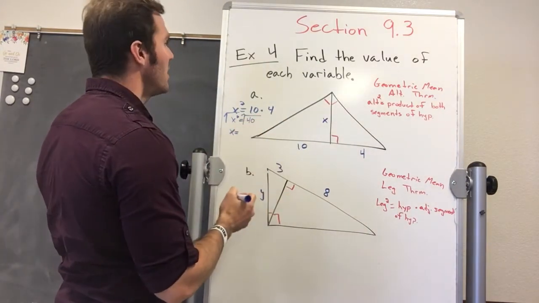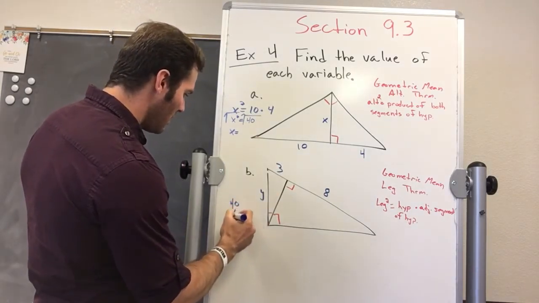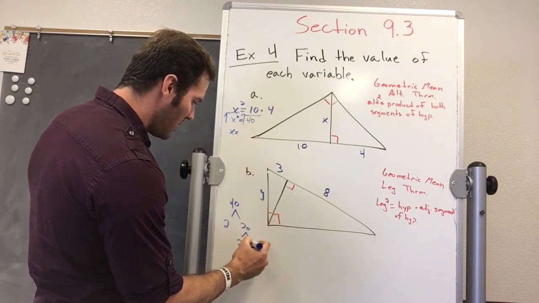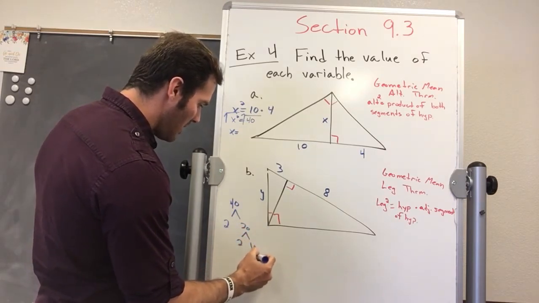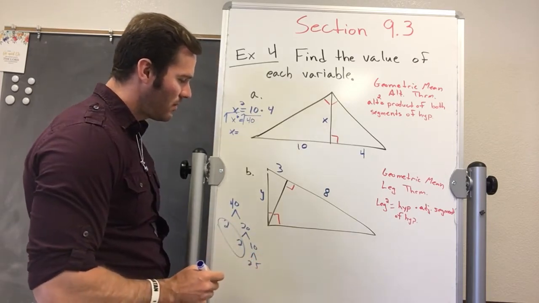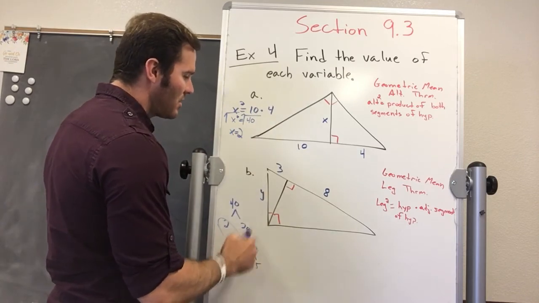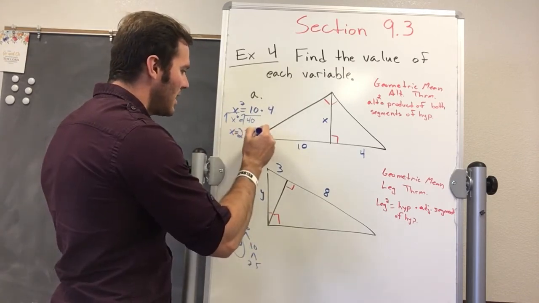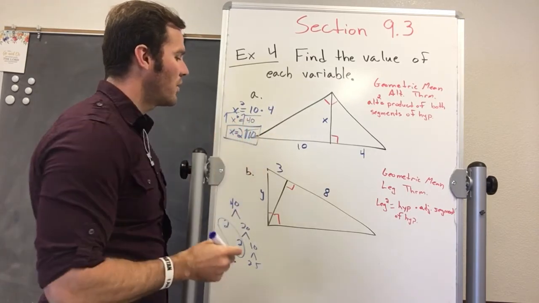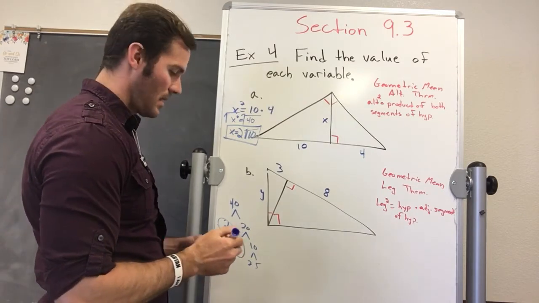So let's see, I'll go over here. 40, I'll do my factor tree. 2 into 40 is 20, 2 into 20 is 10, 2 and 5. Well, I know I have a 2 that I can pull out, but that 2 and 5 I can't, so I'm left with the square root of 10 inside. So x is 2 square root of 10. Okay, I hope you can see that.